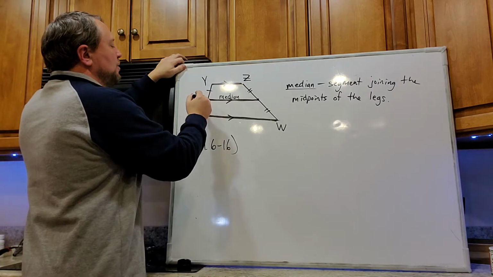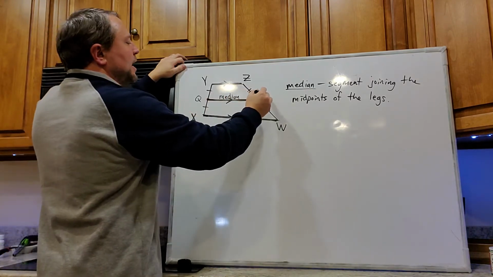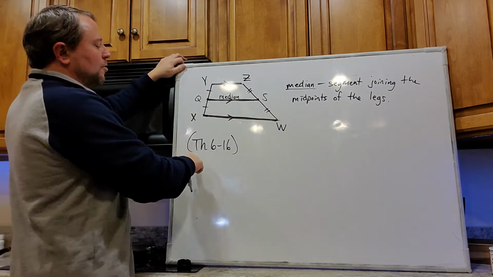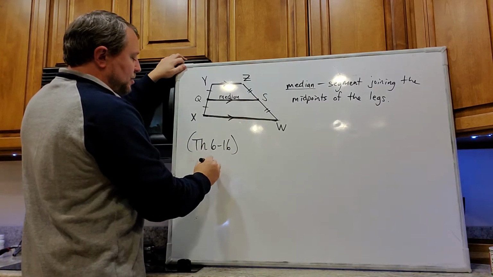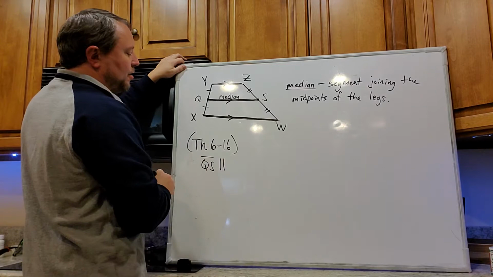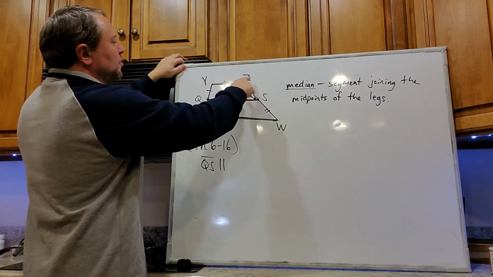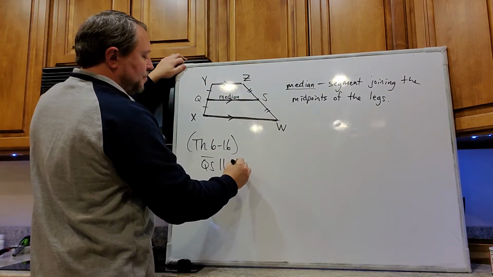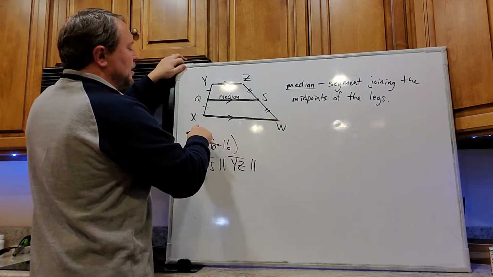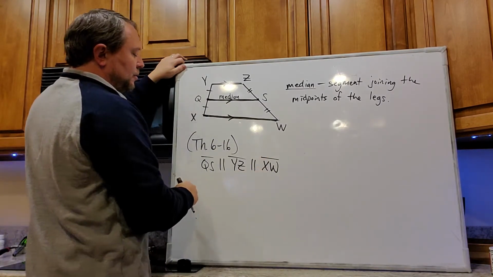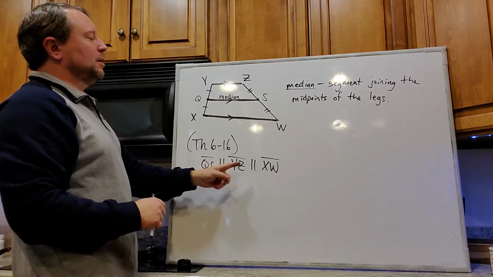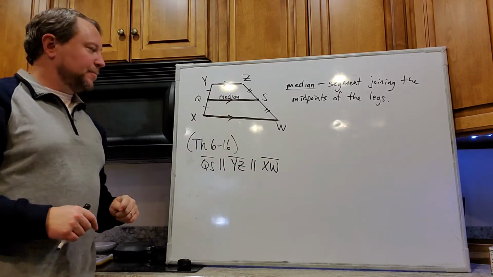So maybe we'll label this Q and S here. That median QS should now be parallel to both the YZ at the top and the XW at the bottom. So the median's parallel to the bases.